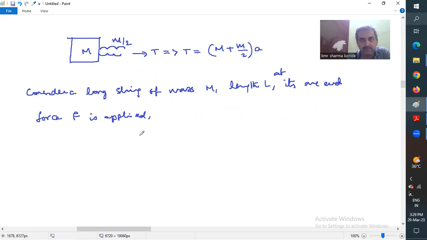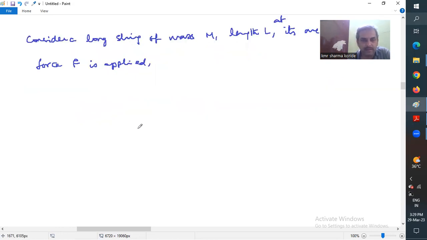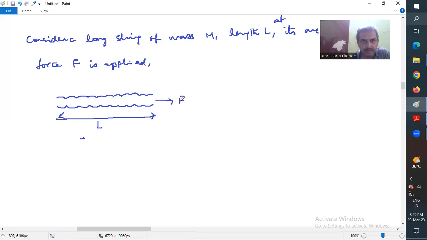Let us try to get the equation of tension at any part of the length of the string. So first, this is a string of length capital L. Let us say force is applied at this end, and consider a point at a distance of small l.